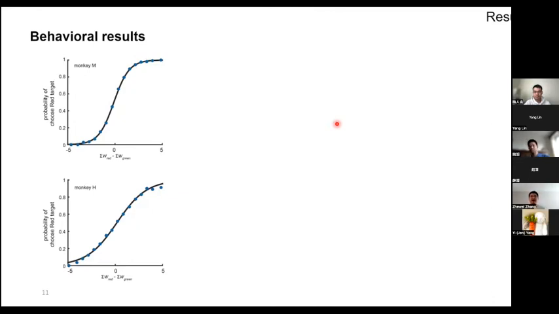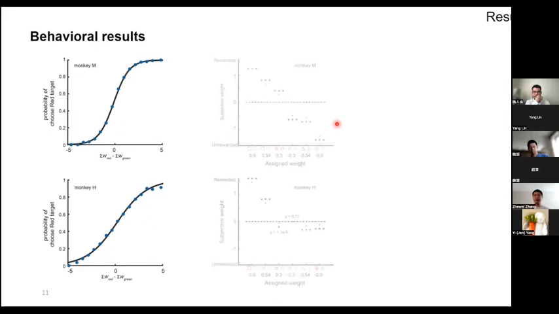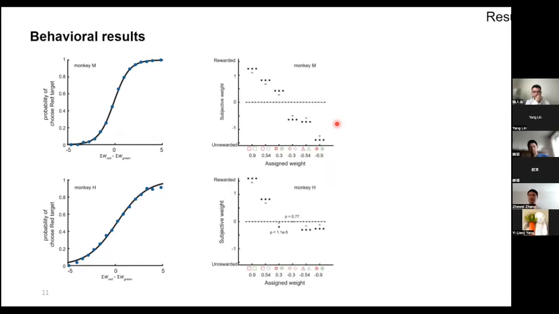From this, we can see that the monkey chooses the red target more frequently as the evidence supporting the red target increases. Then we estimate how each stimulus affects the monkey's choice by calculating the subjective weights. Positive subjective weights mean that the target with the same color tends to be chosen if the corresponding stimulus is presented.